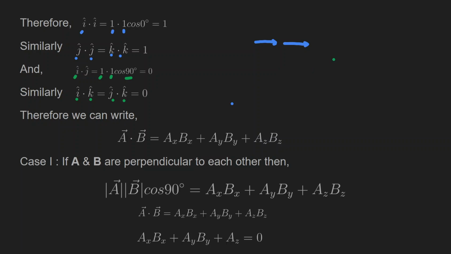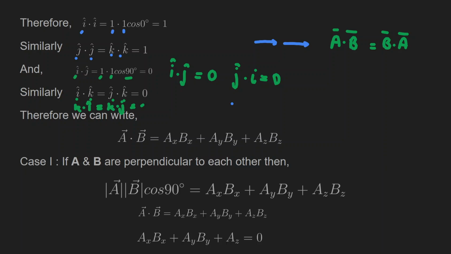Now we studied that A dot B is equal to B dot A, that the scalar product is commutative. So if i dot j is equal to 0, then j dot i will be equal to 0. Similarly, if i dot k is 0, then k dot i and k dot j will be 0.